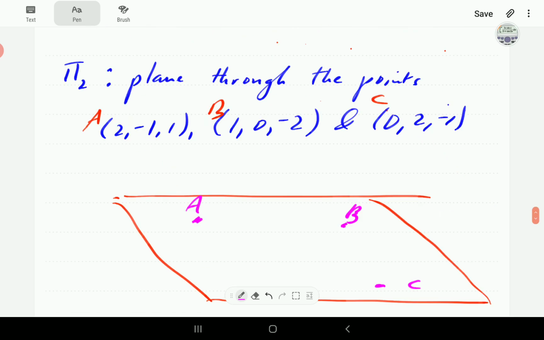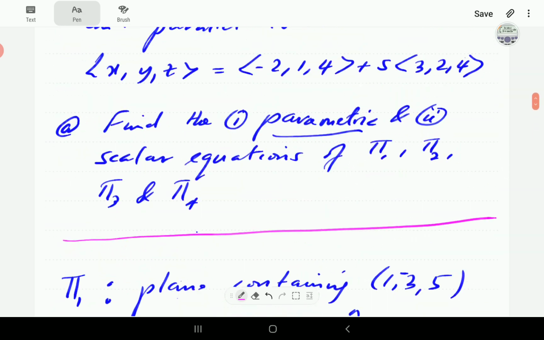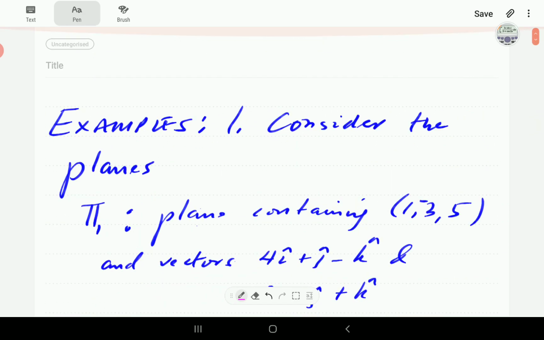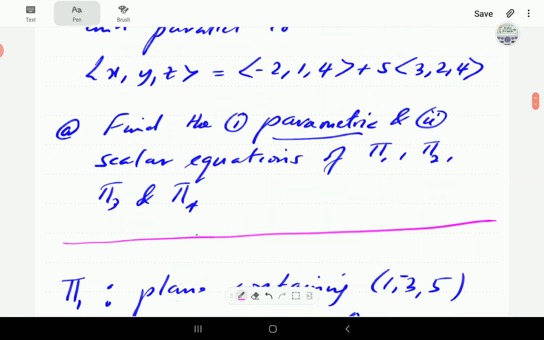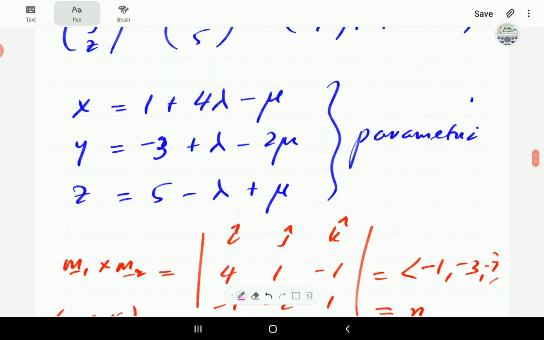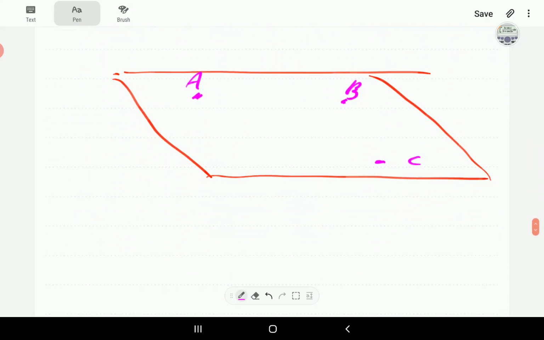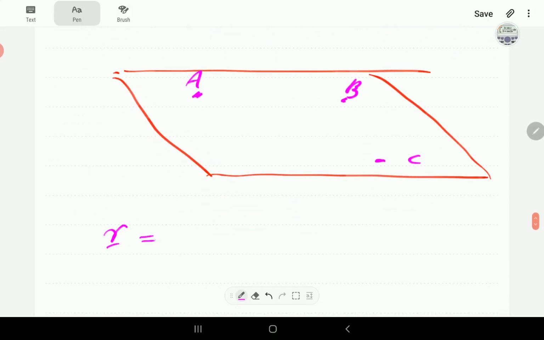So for the vector equation, we need one point through which the plane goes, and we need 2 direction vectors. So the vector equation is like this: r naught plus lambda m1 plus mu m2. So r naught is the position of a point on the plane. Well, we've got 3 here, so we are spoiled for choice.